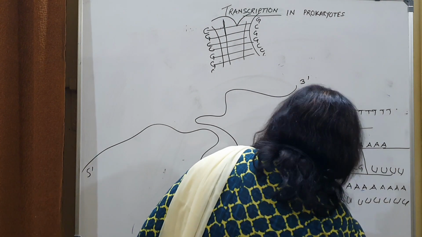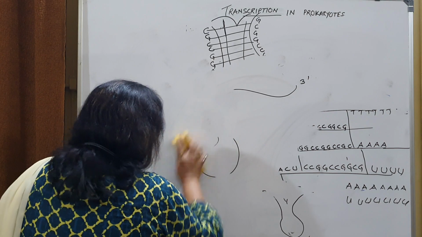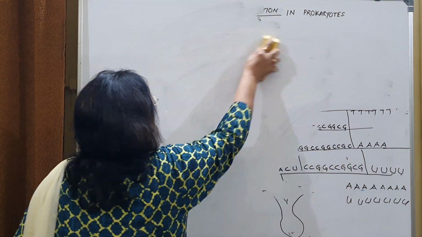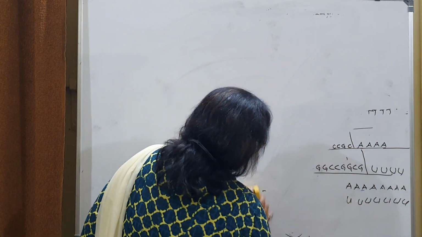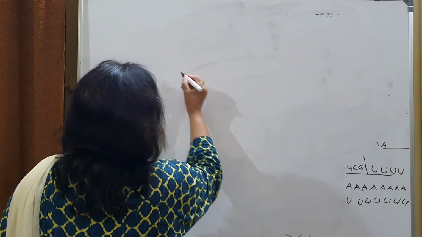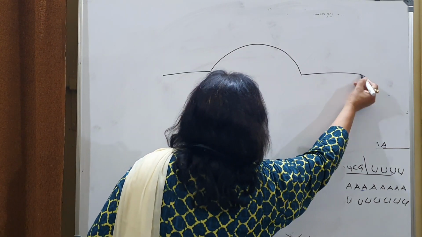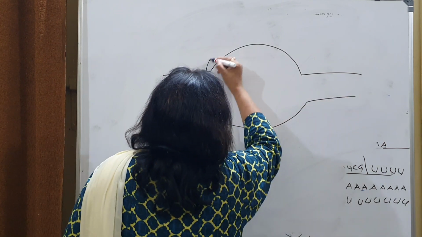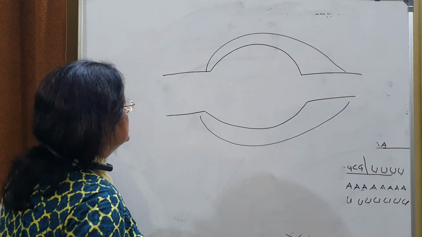Now second type of termination is Rho dependent, where we need an external enzyme which is known as Rho protein. Now let us see what happens. Now RNA polymerase reaches the termination site.